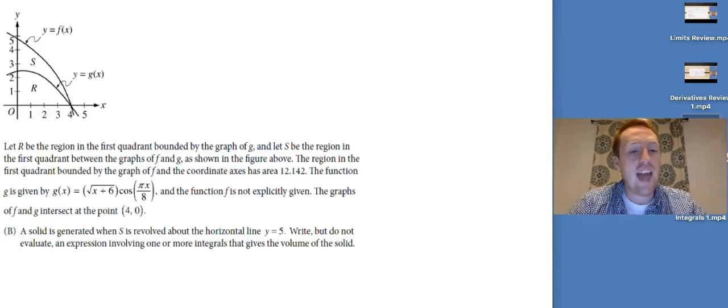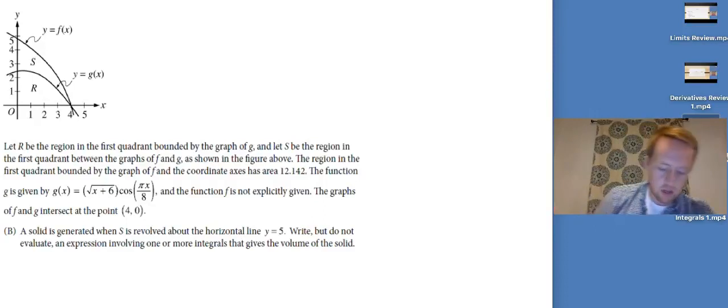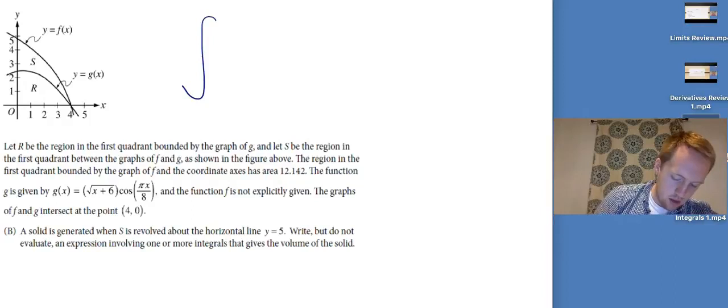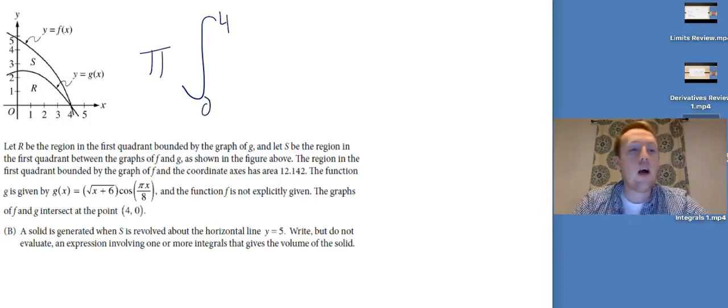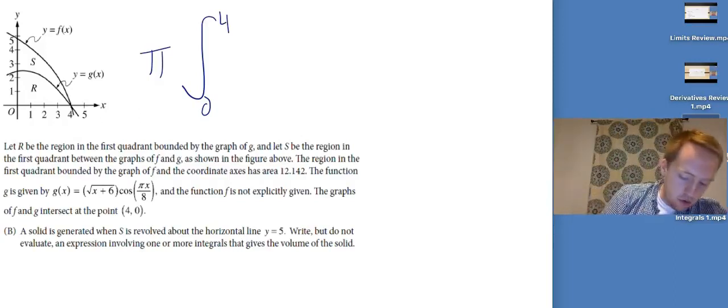Solid is generated when S is revolved about the horizontal line y equals 5. Write but do not evaluate an expression involving one or more integrals that gives the volume of the solid. Okay, so I know I need to do pi r squared minus pi r squared, so I'm going to put the pi out here. I'm integrating from 0 to 4. Now I need to determine the axis of rotation is here.